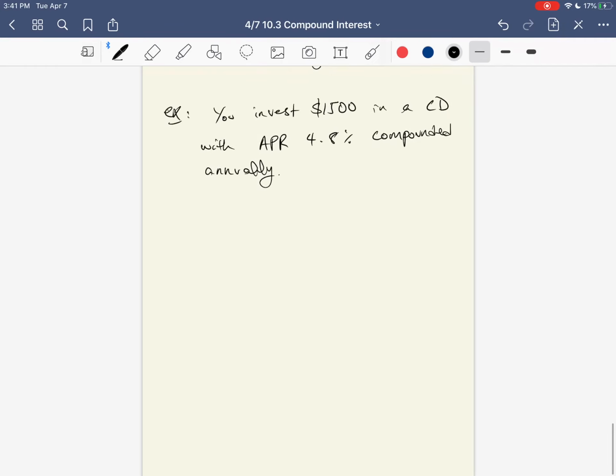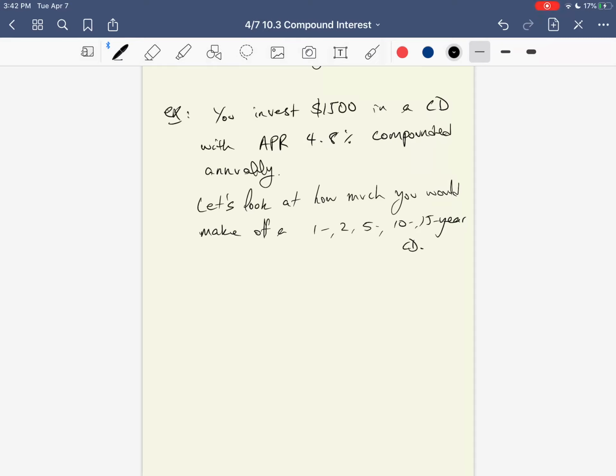Let's look at how much you might make off of a 1, 2, 5, 10, and 15-year CD. And we'll make a little table.